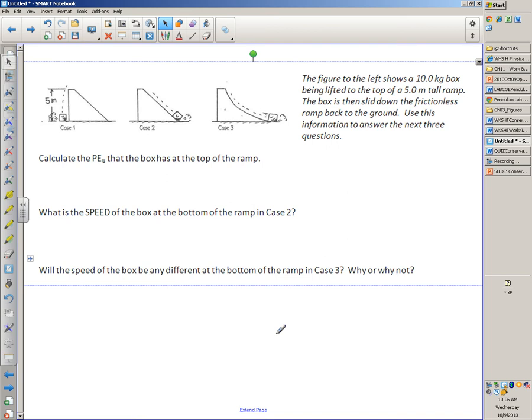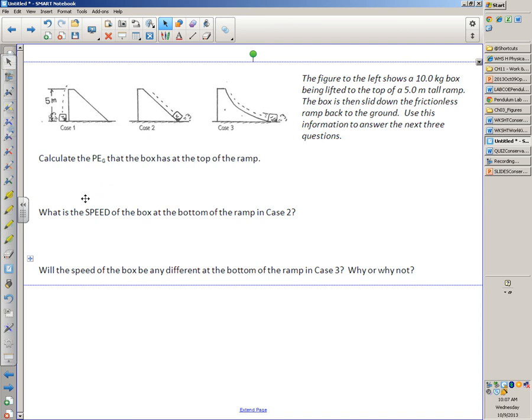Okay? All right, so it says, figure to the left shows a 10-kilogram box being lifted to the top of a 5-meter tall ramp. The box is then slid down the frictionless ramp back to the ground. Use this information to answer the next 3 questions. So, first question.